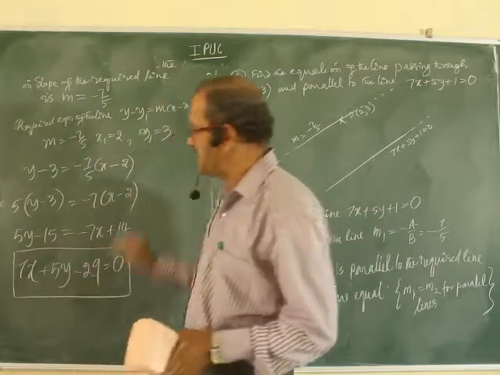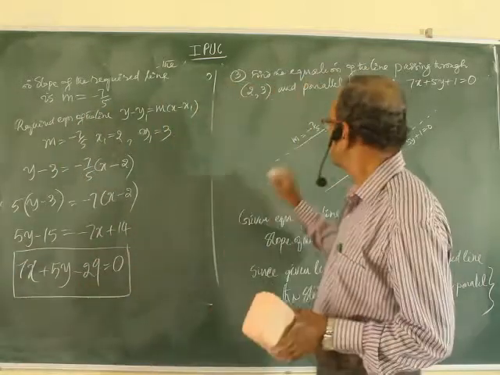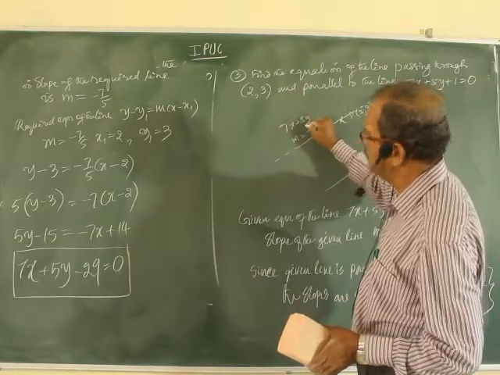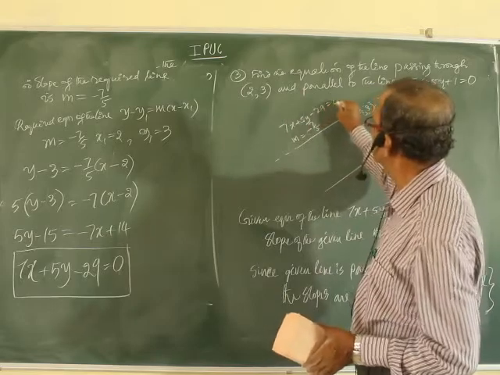Equation of the required line is 7x + 5y - 29 = 0.